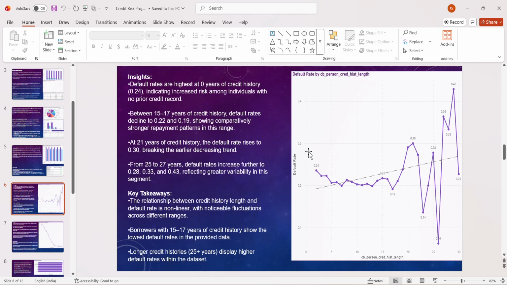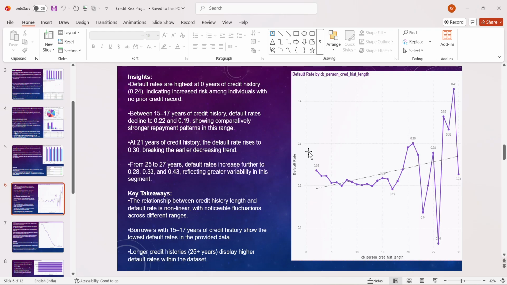Default rates are highest at 0 years of credit history, which is 24%, indicating increased risk among individuals with no prior credit record. Between 15 to 17 years of credit history, default rate declined to 0.22 and 0.19, showing a comparatively stronger repayment pattern in this range.